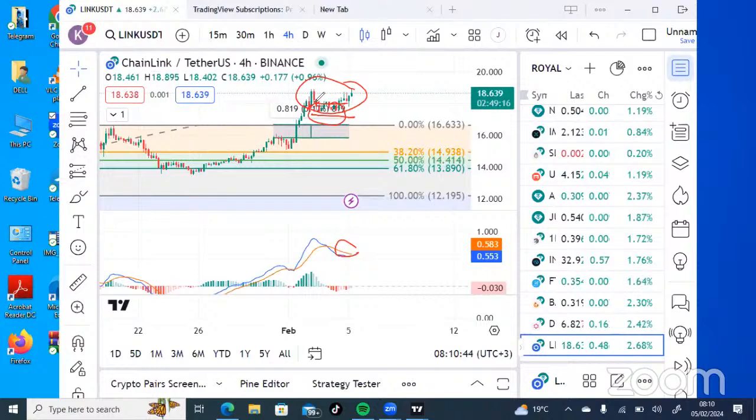And since there is a break of structure here, then we could see this coin still continuing in the upside. Basically, that is what I had for you, just that I've kept it very simple. I don't know if there is anybody with a question about this, but I've done my best to simplify the indicator.